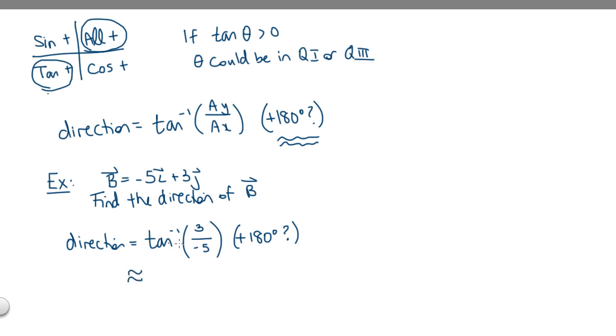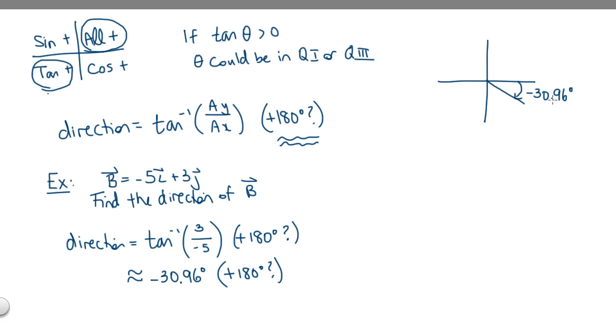If we grab our calculator, arctan of 3 divided by -5 comes out to about -30.96 degrees. So it's possible that's our answer. It's also possible that our true answer is really 180 degrees bigger than that. To decide which one is the real direction, let's draw a little sketch. Minus 30-ish degrees is down here, so minus 30.96 degrees looks like that.